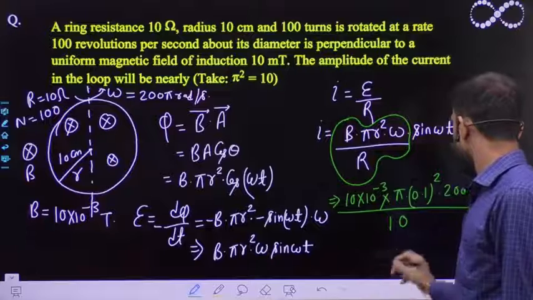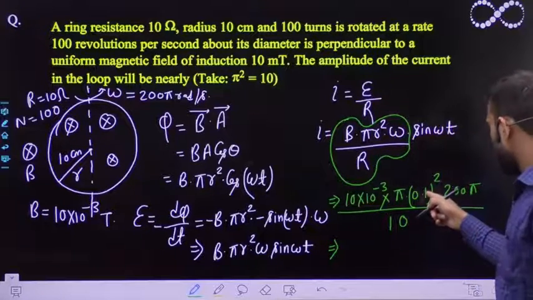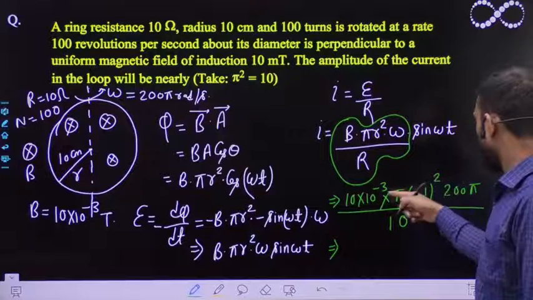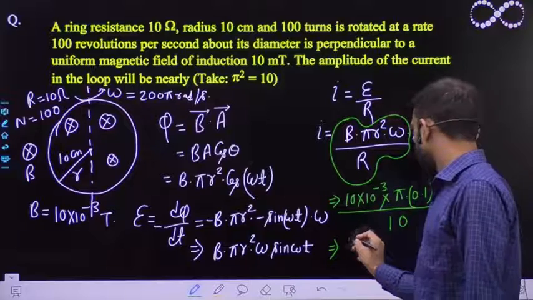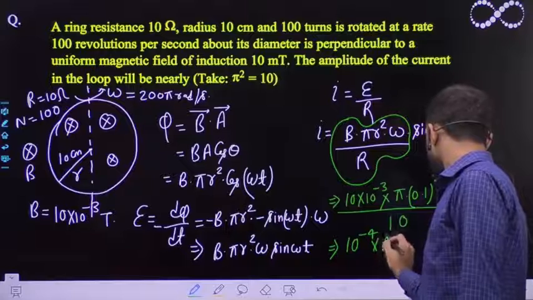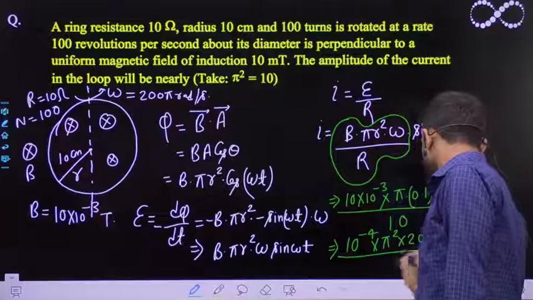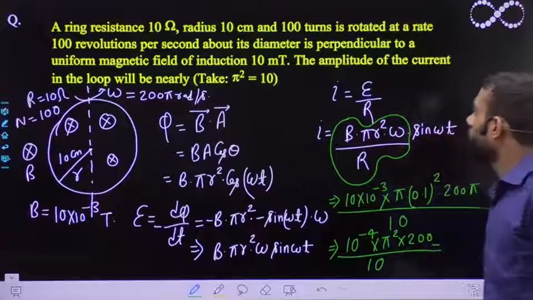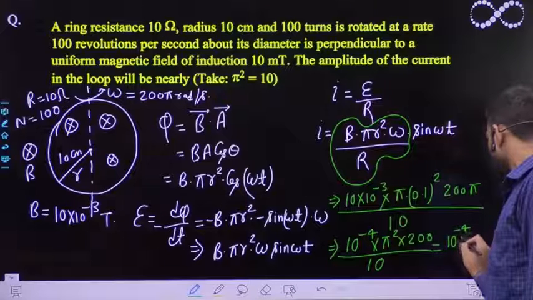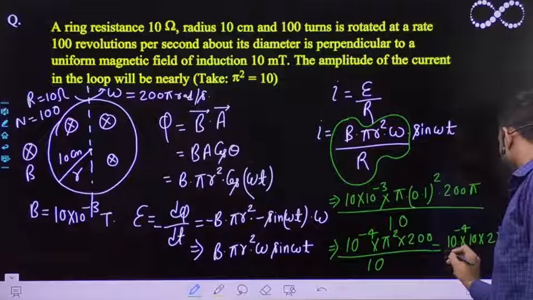If I do the calculation here, we'll get 10 and this will become 10 raised to power minus 1 and minus 2. So this will become 10 to minus 5 and this will become 10 raised to power minus 4. This will become pi square and this is your 200 upon 10. You need to take the pi square as 10 here. So this will become 10 raised to minus 4 into 10 into 2 into 10 raised to power 2 and divided by 10.